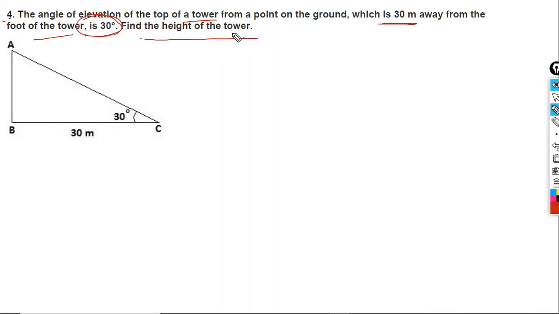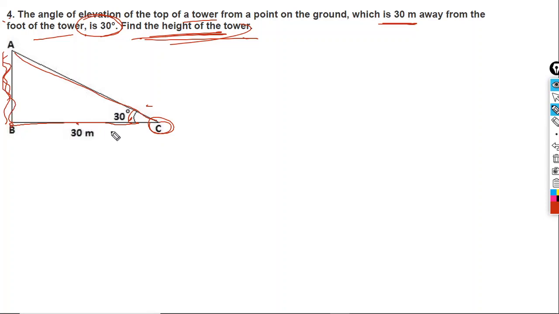Find the height of the tower. So let AB be the tower, and the angle of elevation from a point 30 meter away from the foot of the tower. Let the point be C, and the angle of elevation here is 30 degree. What we have to find? Find the height of the tower. So we have to find the height AB, or length of AB.